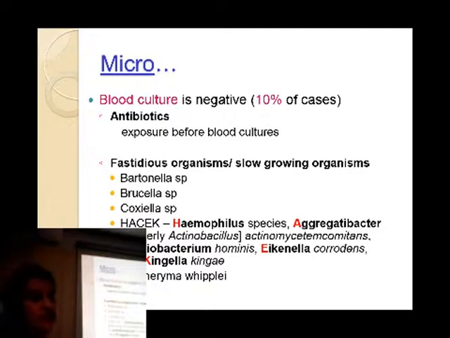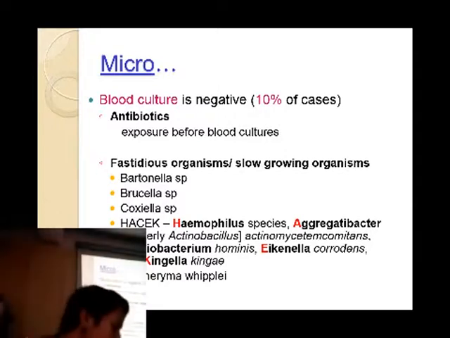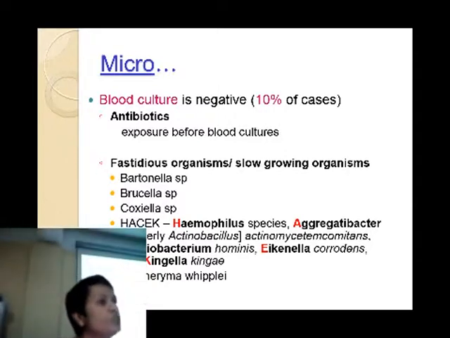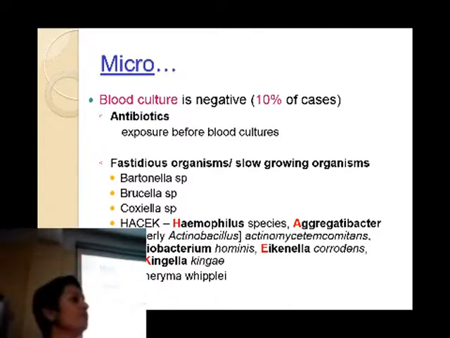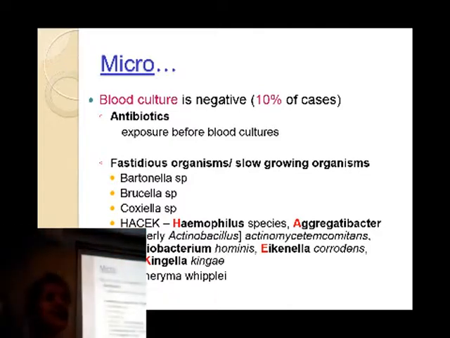Other than this, there are slow growing organisms also, which we refer to as HACEK organisms. These HACEK organisms are actually normal flora in our oropharyngeal passage. They are very slow growing. Because of that, we miss their growth even in the normal media.